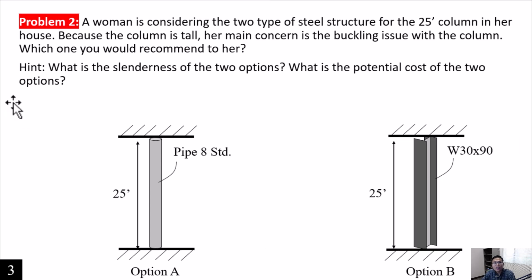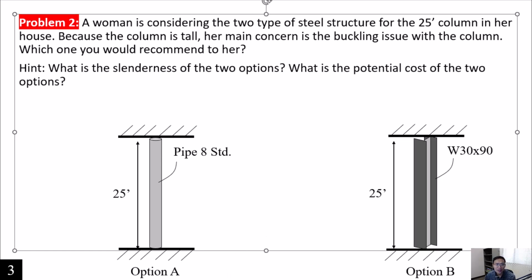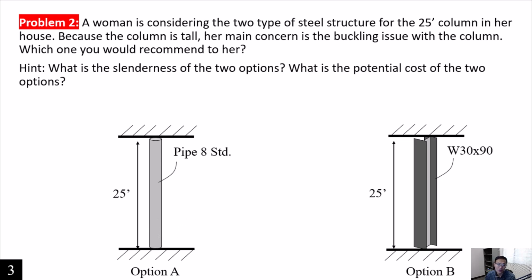As I mentioned previously, the slenderness of a column or a building indicates the ability of that structure to resist buckling. Small slenderness indicates a good column or a good structure to resist buckling, and high slenderness is a concern.